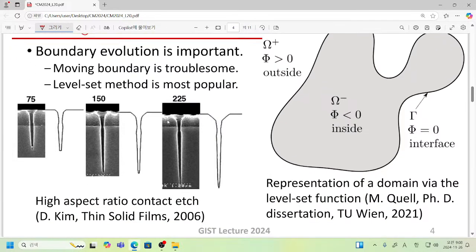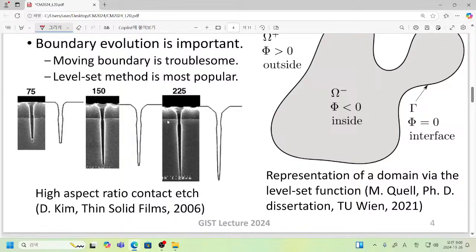Here we are looking at a certain profile over etching time. Here we have different etching times. Within a short time we have a relatively shallow hole, and if we keep etching, we can find that the etch depth is increasing.